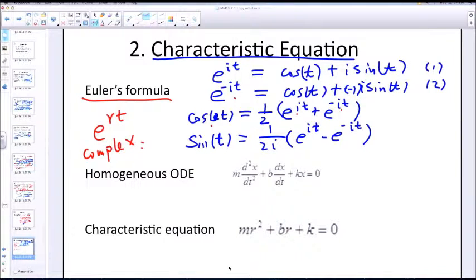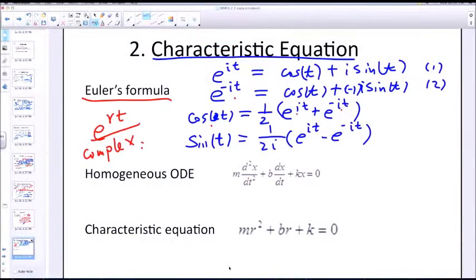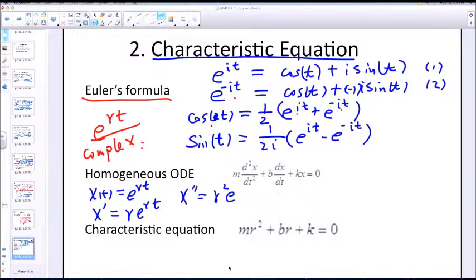So the conclusion is, when we have the Euler formula, I can think all 4 examples before are a function like this. Assume your x(t) equals e to the rt. What's happening? Then take the derivative. It's going to be r e to the rt. Take the double derivative. You just get r squared e to the rt. Now plug in this and this to here.